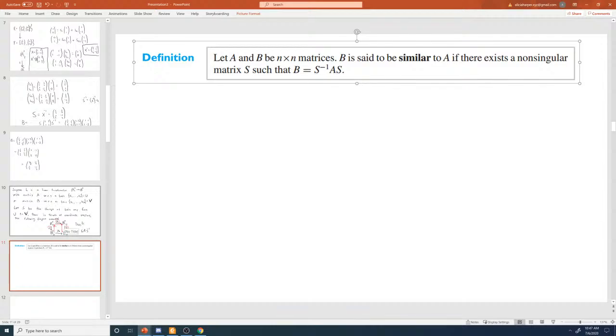What does matter is this relation. This is the fundamental similarity relation, and it's going to be the basis of a lot of computations we do going forward.